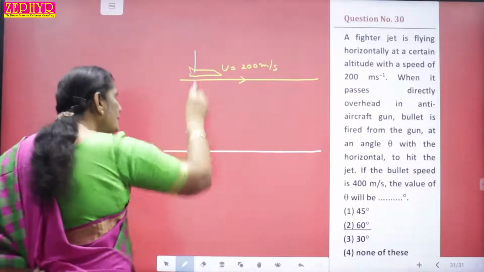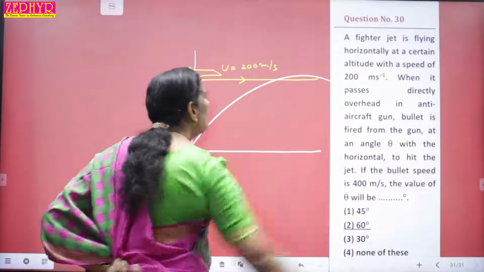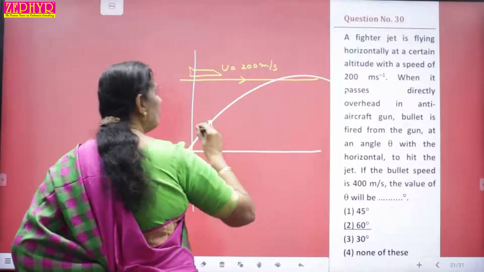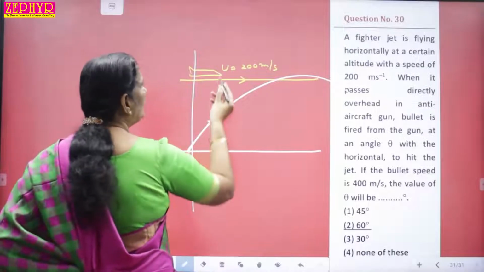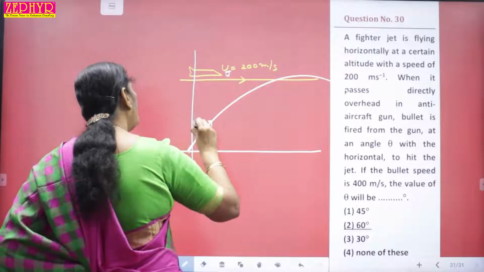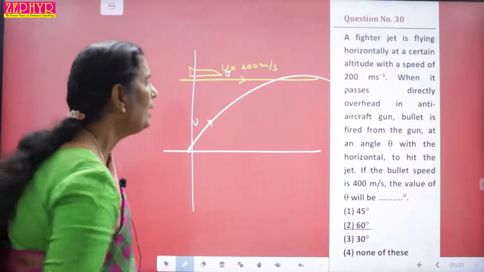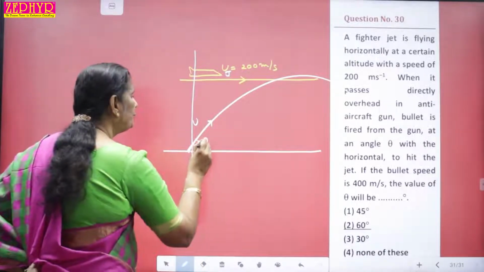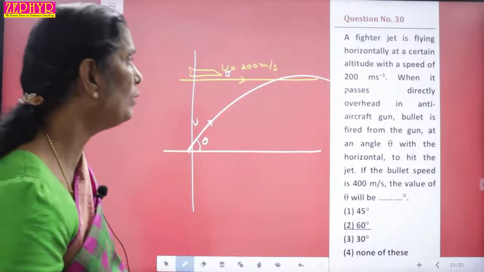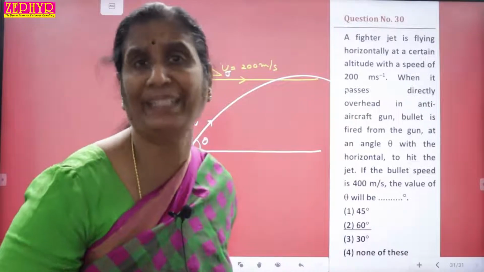So exactly at this point, a bullet is fired like that. The bullet is fired with a velocity, I took this as for the jet. So this is the velocity of the bullet, making an angle theta, to hit the jet. So the bullet has to hit the jet.